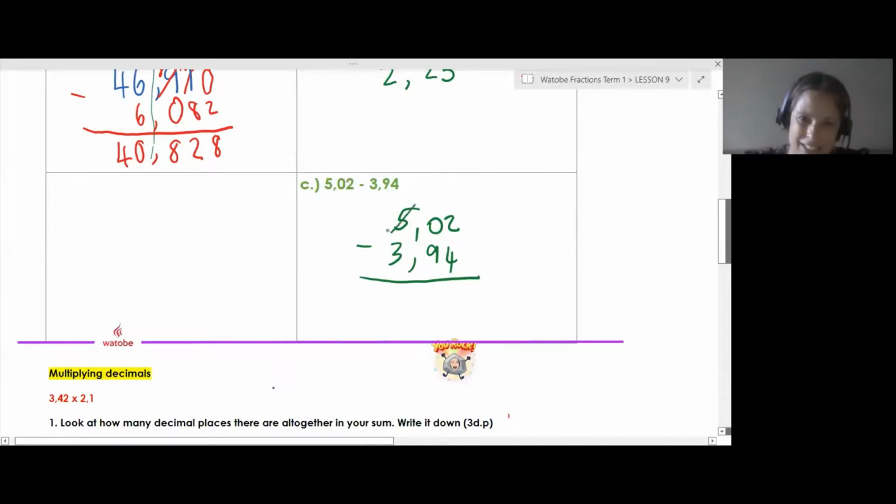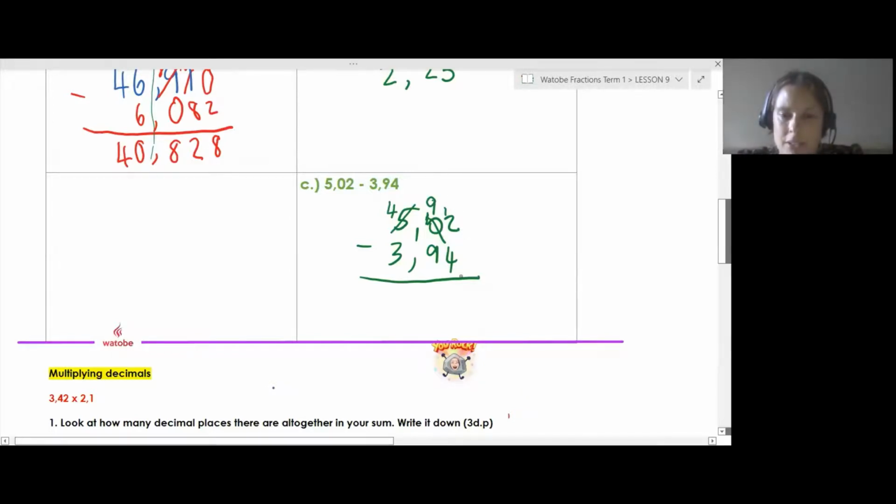So the 5 became a 4. Then I went back to the 0, and it became a 1, the 2, ma'am. Okay, so now we give 1 to the 0. So it becomes 10, and now we can borrow from the 10, and give 1 to the 2. Good.